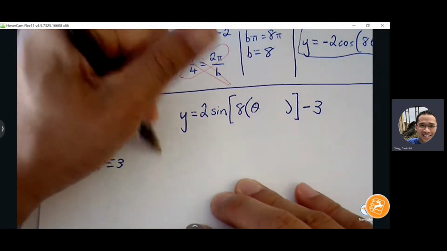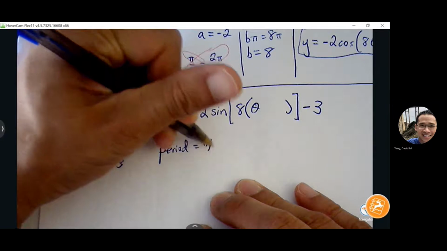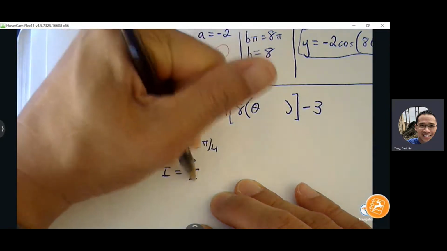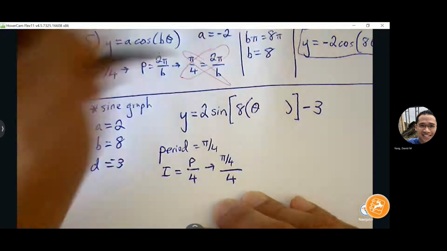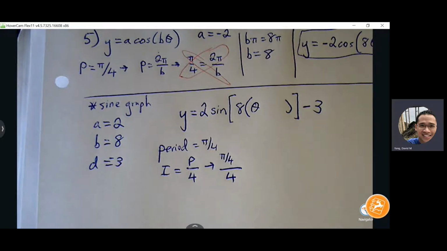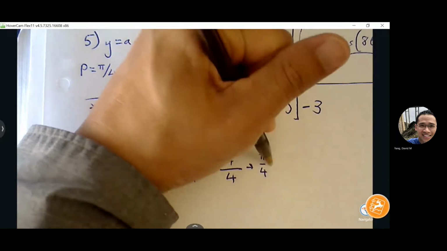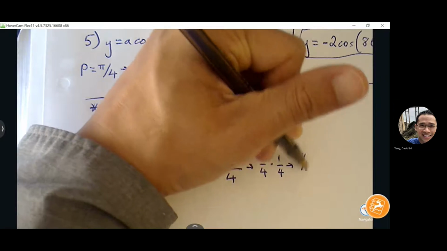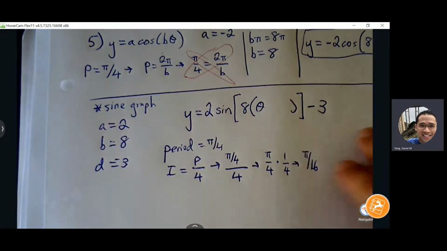So exactly right. Interval formula is period divided by 4. Dividing by a number is the same thing as multiplying by the reciprocal. So my interval is pi over 16.